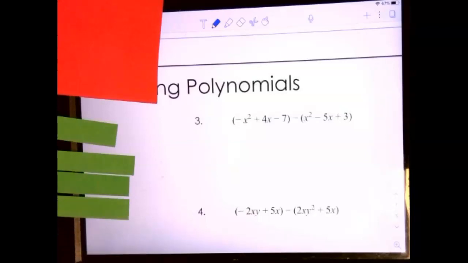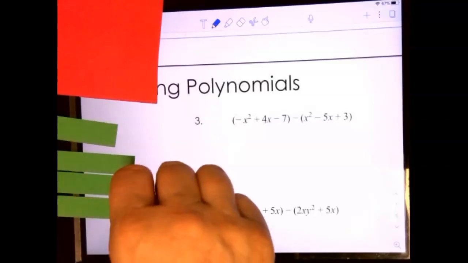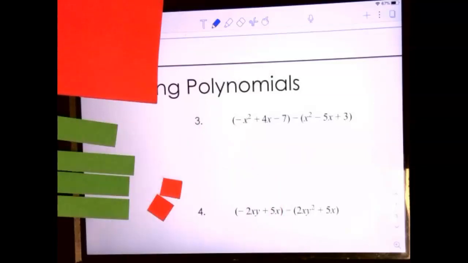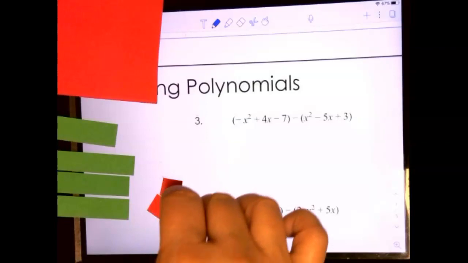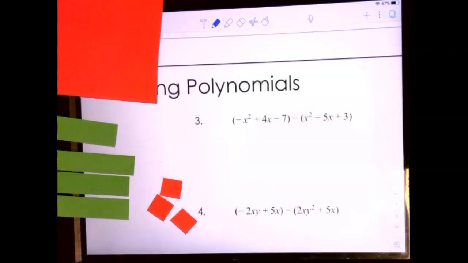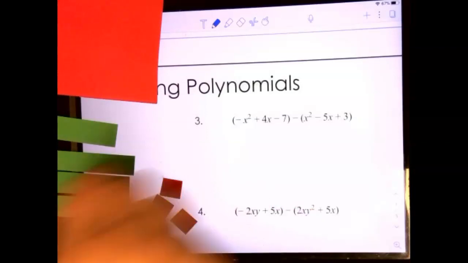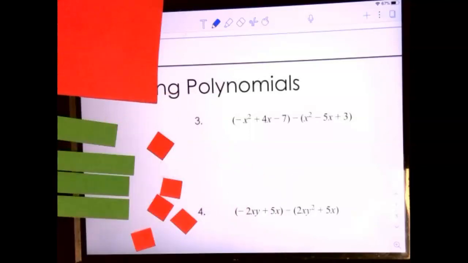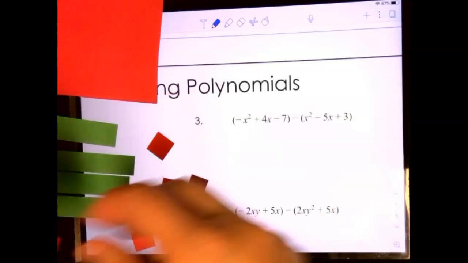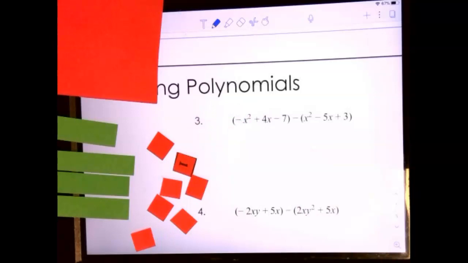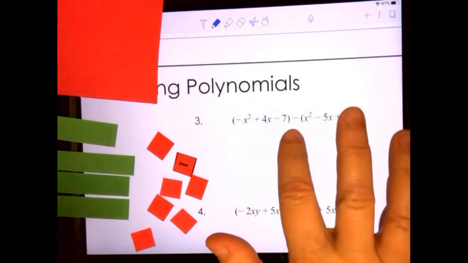Okay, 4 x's, 7 negatives. I had trouble finding those before. Let's see if I can find them. 1, 2, 3, 4, 5, 6, 7. Got it. Okay, and then I'm going to subtract.